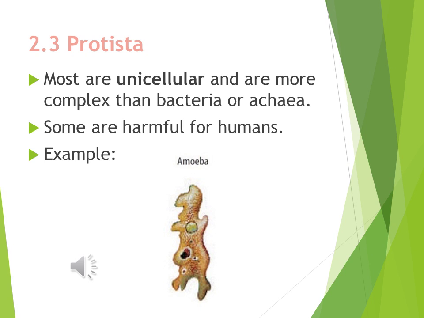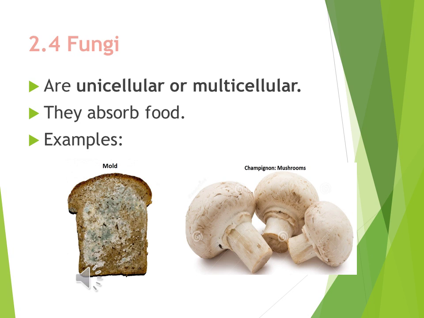In the Protista kingdom, most are unicellular and are more complex than bacteria and archaea. Some are harmful for humans. The best example is the amoeba. In the kingdom fungi are unicellular or multicellular. They absorb food, and some examples are the mold of the bread and the mushrooms that we can eat.